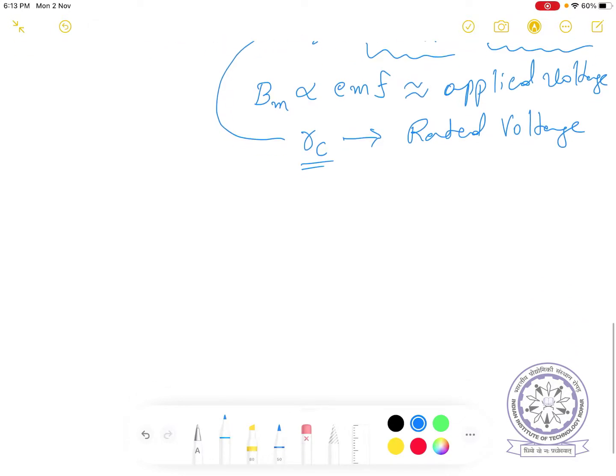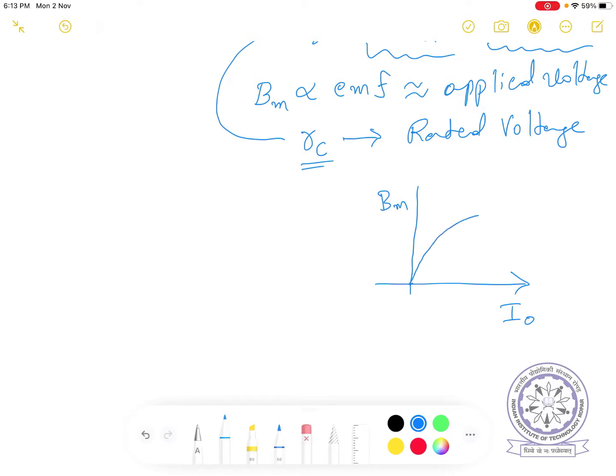Then the third limitation. Just like the core loss component of the resistance, X0 also depends on Bm, because the relationship between Bm and current is given by the hysteresis curve. So it is a non-linear relationship.